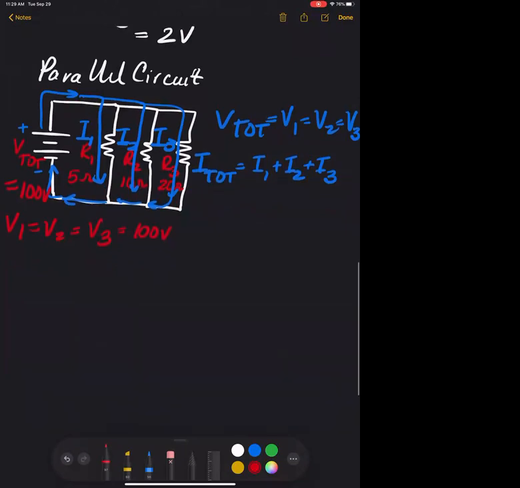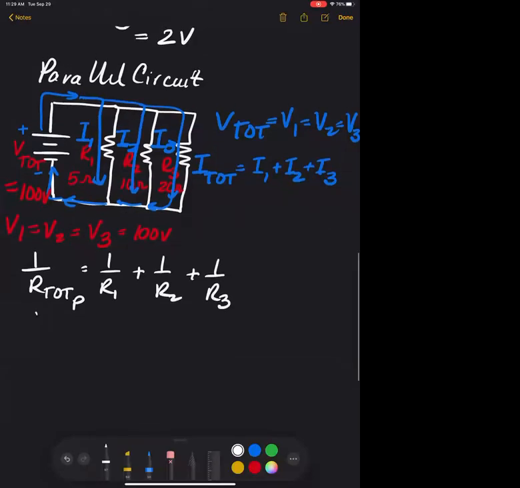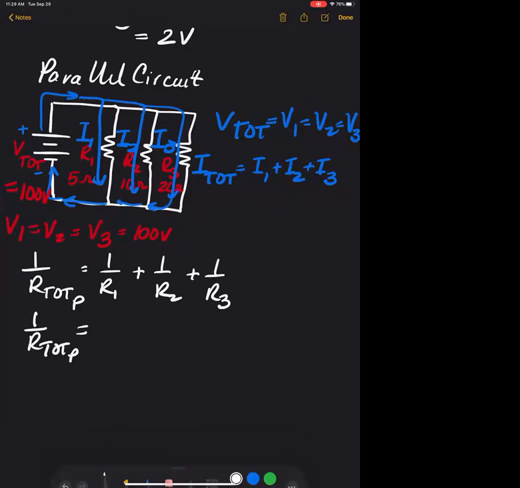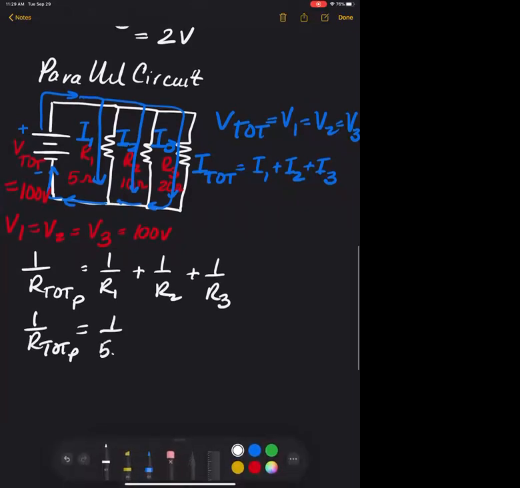So if I remember, my rule for my parallel resistance is 1 over R total for parallel is equal to 1 over R1 plus 1 over R2 plus 1 over R3. Okay, so this is 1 over R total parallel is equal to 1 over 5 plus 1 over 10 plus 1 over 20.